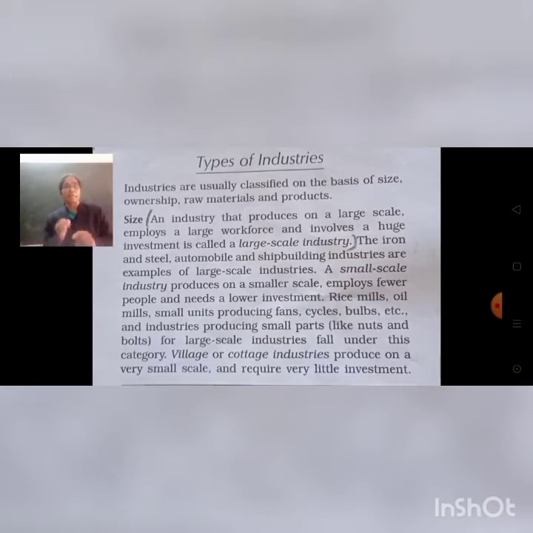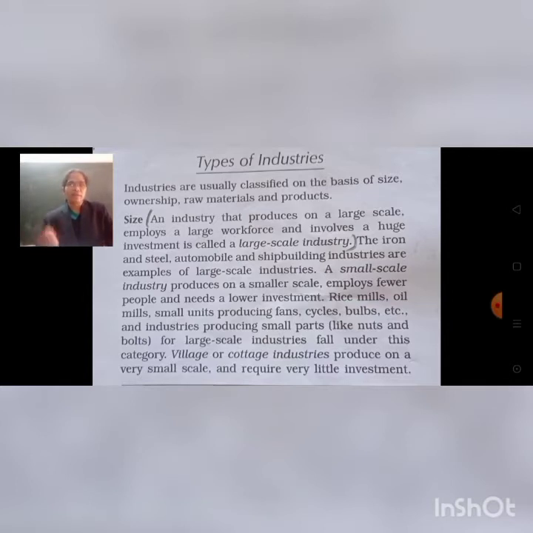Let us see what small scale industries are. A small scale industry produces on a smaller scale. In a small scale industry, a large number of workers or laborers may not be there, that much money is not needed to invest, and that much machinery is not needed.